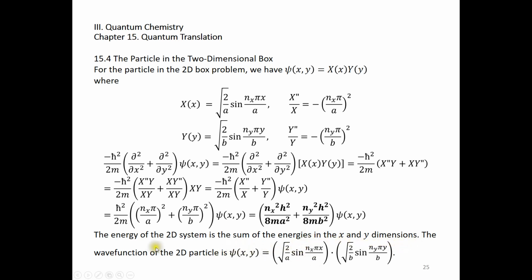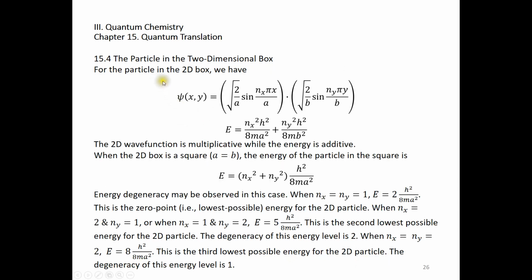The wave function of this two-dimensional particle is the product of these two wave functions, one of x, the other of y. They both take the form of the wave function of a particle in a one-dimensional box.